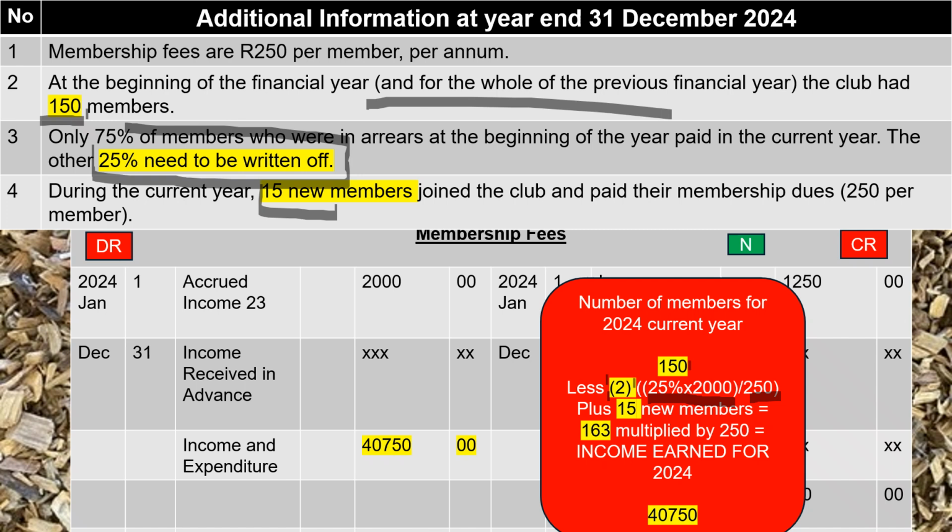So we had 150 members. 2 now were bad, which we've calculated from the bad debts amount divided by the membership fees amount, 250. Then they tell us over here 15 new members joined. So 150 members from point 2 less the 2 written off plus the 15 is equal to 163.